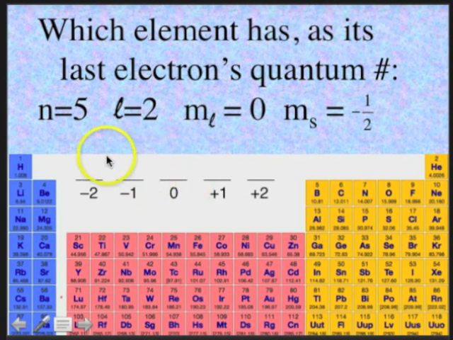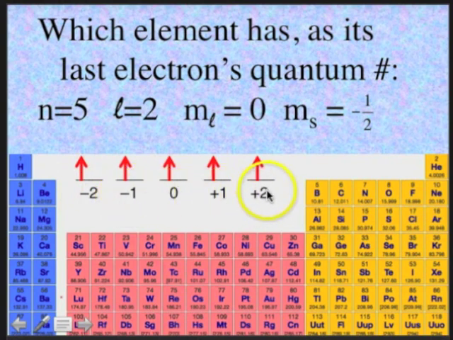So, first we put in the 5 electrons with +1/2 spins in -2, -1, 0, +1, and +2. Now we put in 3 more with spins equal to -1/2. That gives us 8 total electrons in this d orbital.